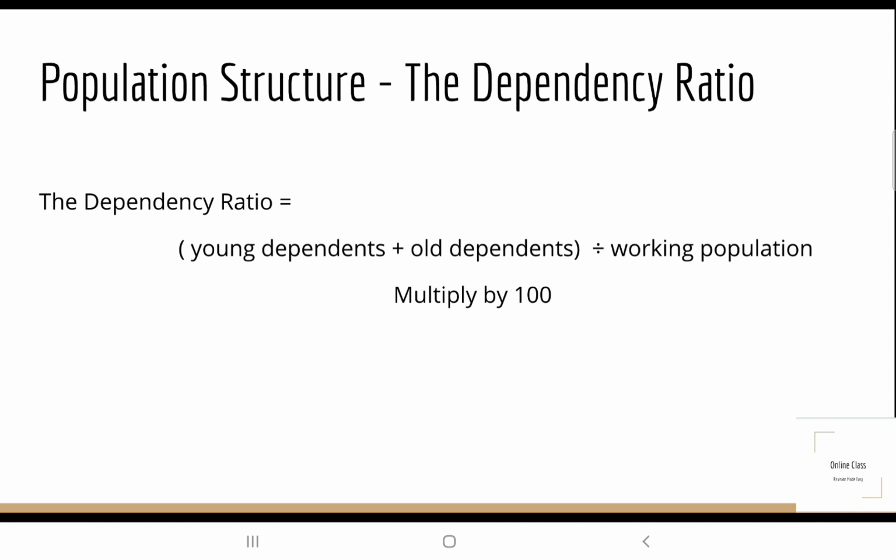So with the dependency ratio, the formula is the young dependents plus the old dependents. You take that sum and you divide it by the working population, and then you multiply that figure by 100. And that is the formula for working out the dependency ratio.